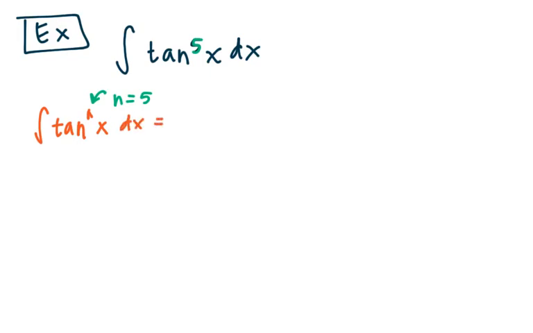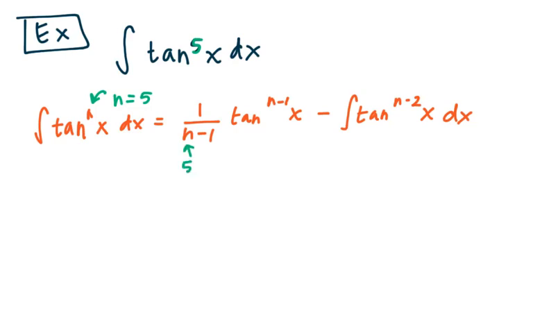So my pattern for this is 1 over n minus 1 tangent to the n minus 1 of x minus the integral of tangent to the n minus 2 of x dx.